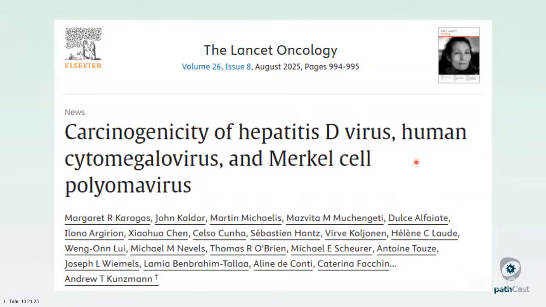In recent months, the carcinogenicity of hepatitis D virus and Merkel cell polyomavirus have been upgraded to group 1 types of viruses. And interestingly, this paper comes from one of our colleagues here at my institution, Dr. Kargas, who is a medical epidemiologist with a lot of focus on infectious etiologies in cancer.